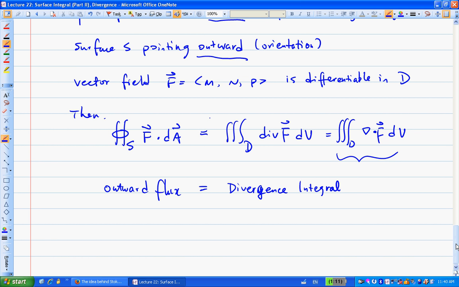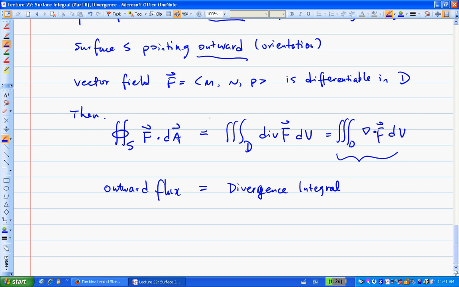If it's positive, it's a source, giving out things. If it's negative, there are things going into that point. So divergence is essentially a flux density. Some people also explain it this way: do you have expansion at that point, or compression at that point? That's what divergence means.